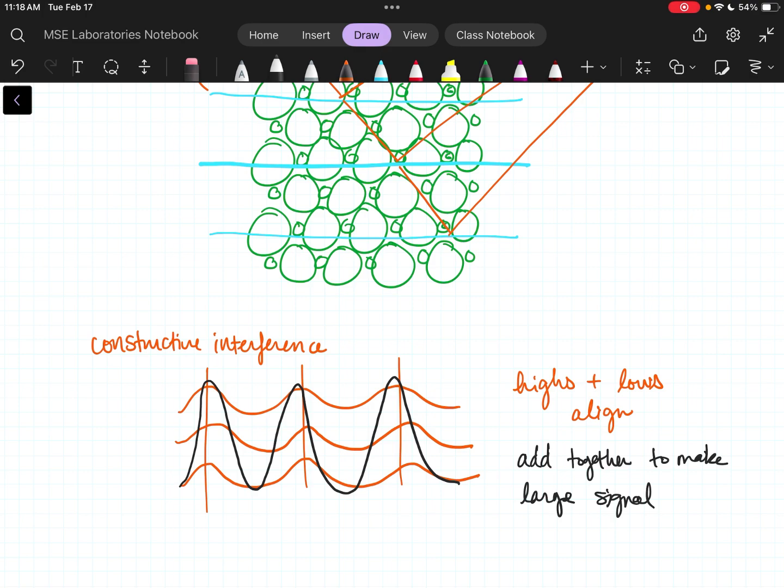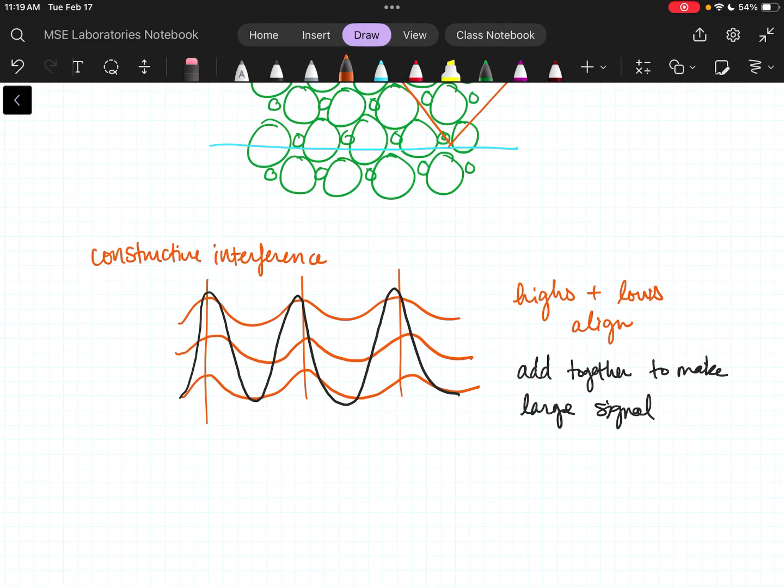So what we create is a really big X-ray out of three smaller X-rays that all lined up together. It's like in a stadium when you do the wave. It's one person standing up and sitting down, but surrounded by hundreds of people standing up and sitting down, you get this really large signal. Yeah?